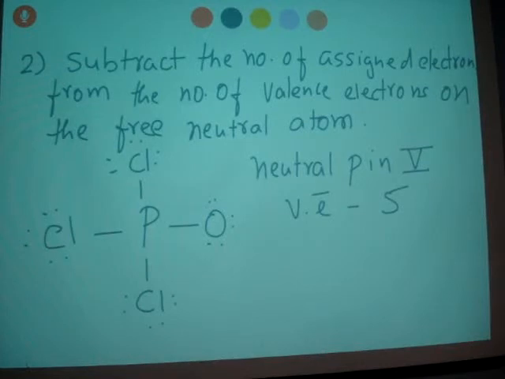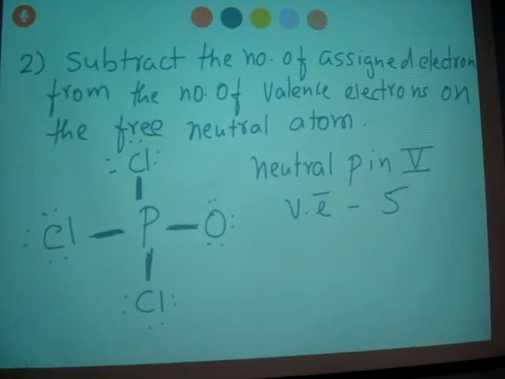Now, the number of assigned electrons. When we see shared electrons, here we see 4, which is 2 pairs.